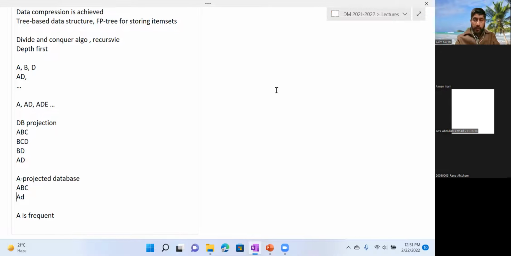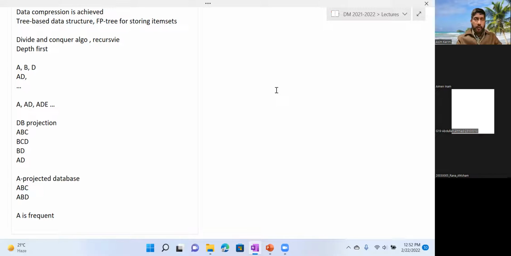So let me hypothetically change this example to ABC and ABD. Now, say we know A is frequent, and then we create the A projected database, which is given here.